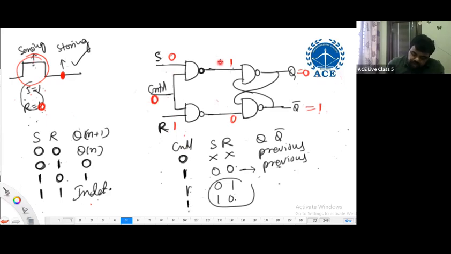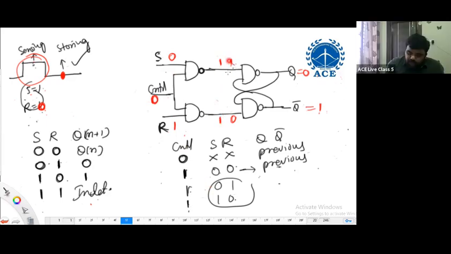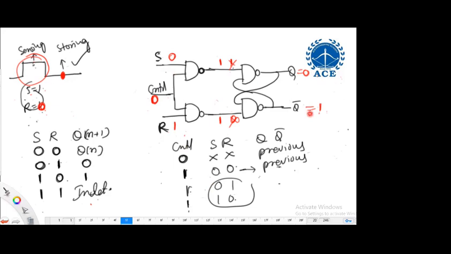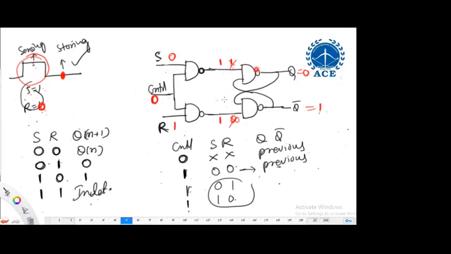What are we getting here? 1, 1. And when 1 is applied, it is 0. What will be there? When we are applying 1, both will be 0, no, sir? Q and Q bar are then uncomplementary outputs. In a NAND gate, when 1 is applied, are they disabling?